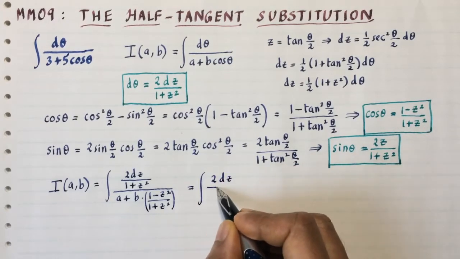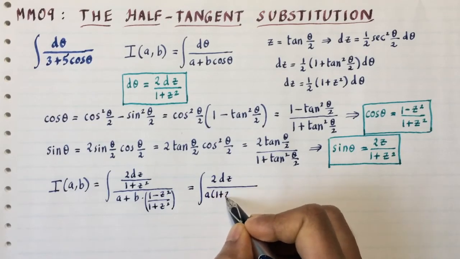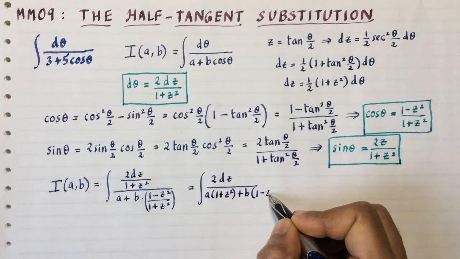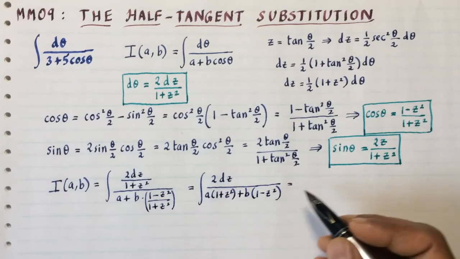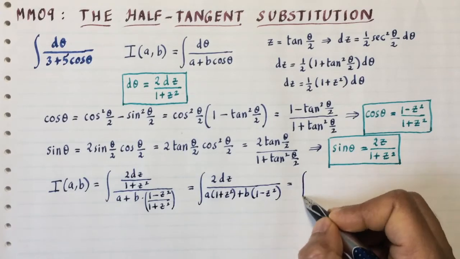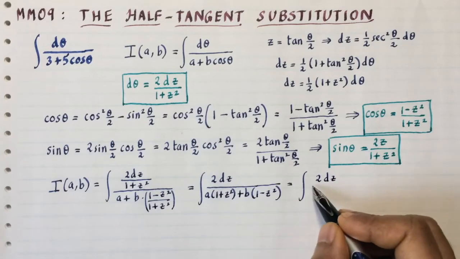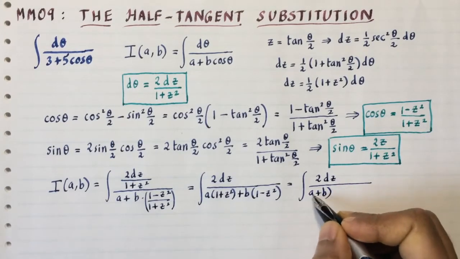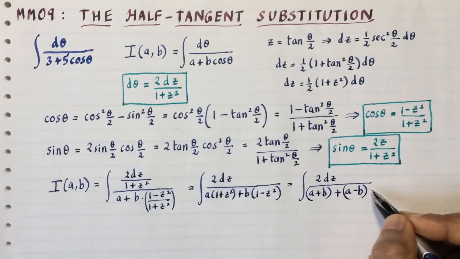Two dz divided by a times 1 plus z squared plus b times 1 minus z squared. One more step, let me take all the constant terms together in the denominator. So that gives me 2 dz divided by a plus b plus a minus b times z squared.